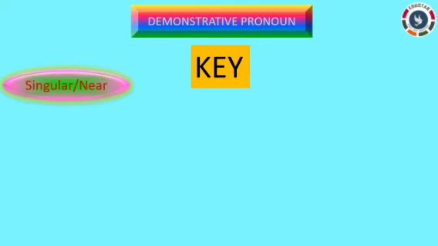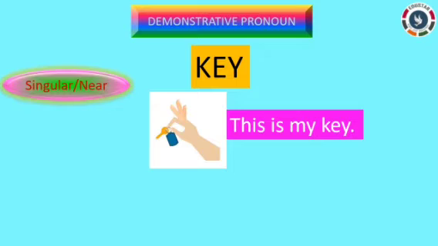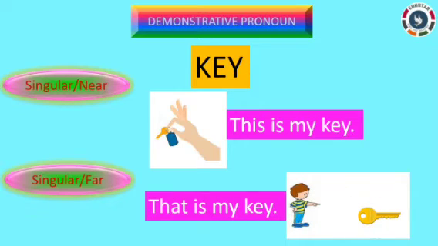Let us see some more sentences. Take a noun, key. Here, the noun is singular and if it is near you, then you will say, this is my key. If the same key is far, we will say, that is my key.